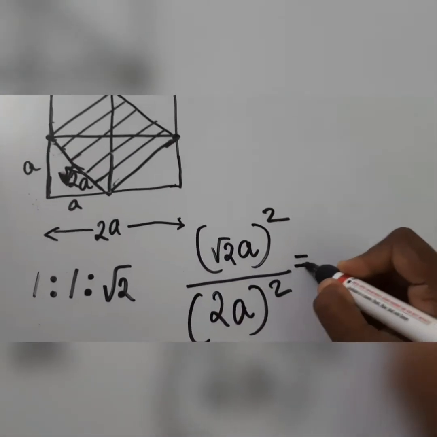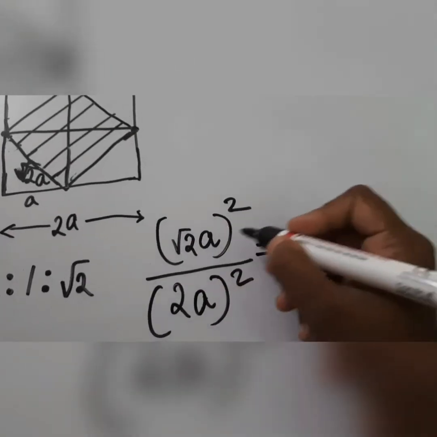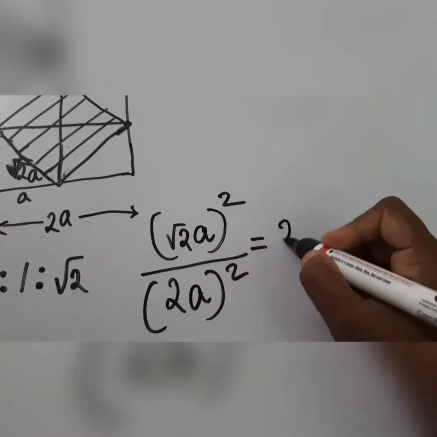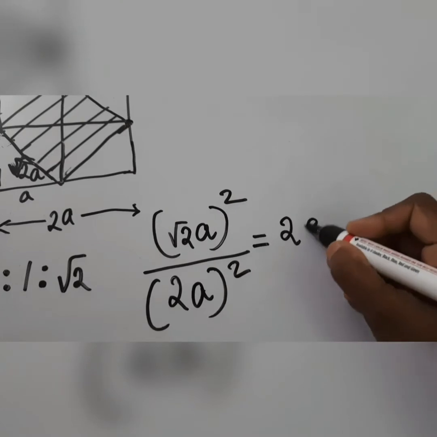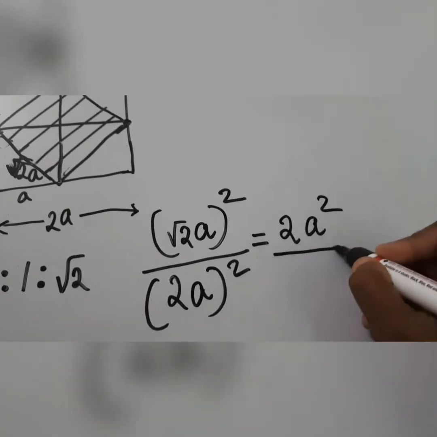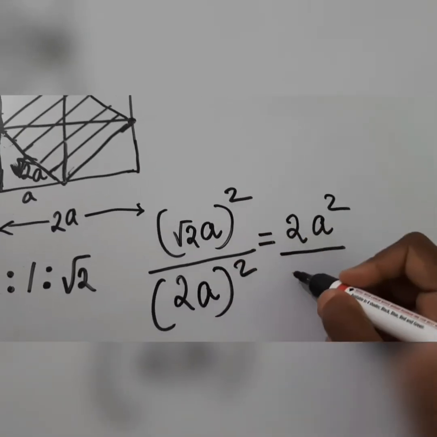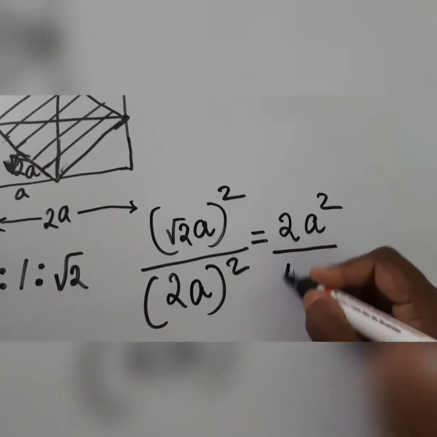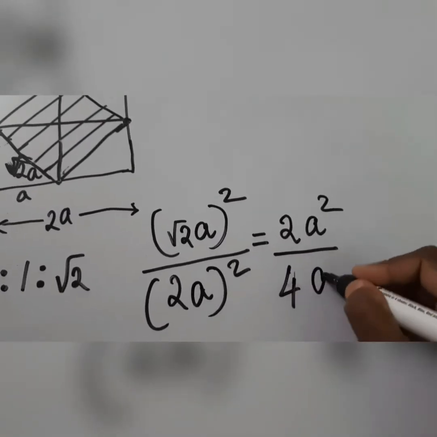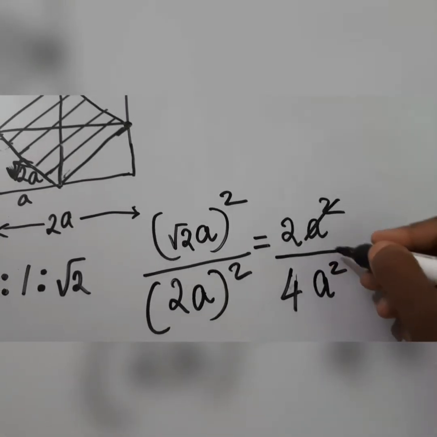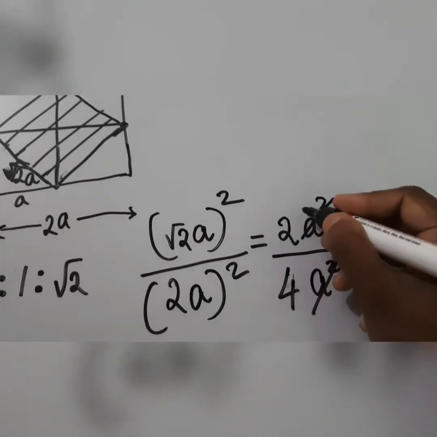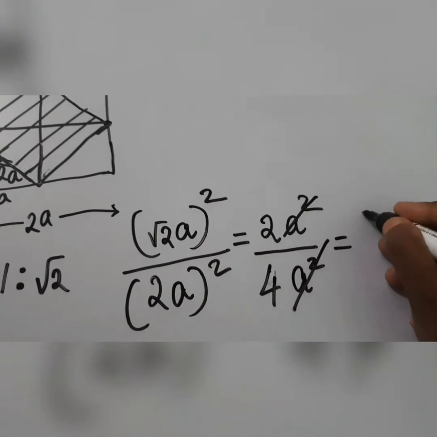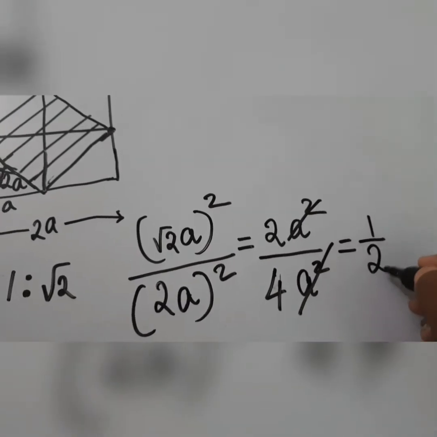Now √2 square means it is 2. So 2a square divided by 2 square, that is 4a square. Then we can cancel a square and we can cancel 2 also. We will get 1/2.